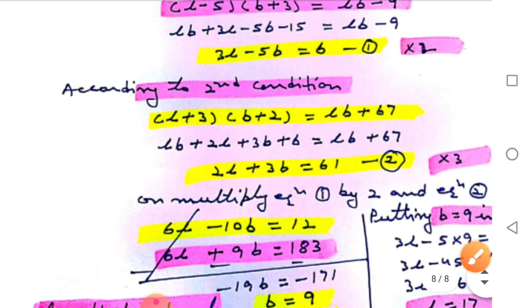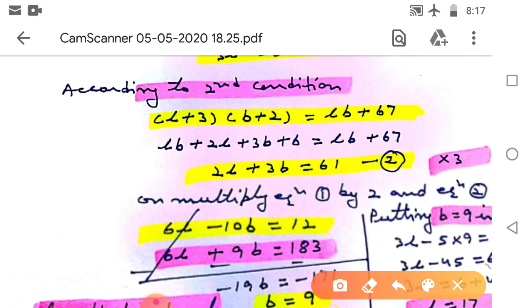In the second condition, the length is increased by 3 and the breadth is also increased by 2. So the area gets increased by 67 square units.